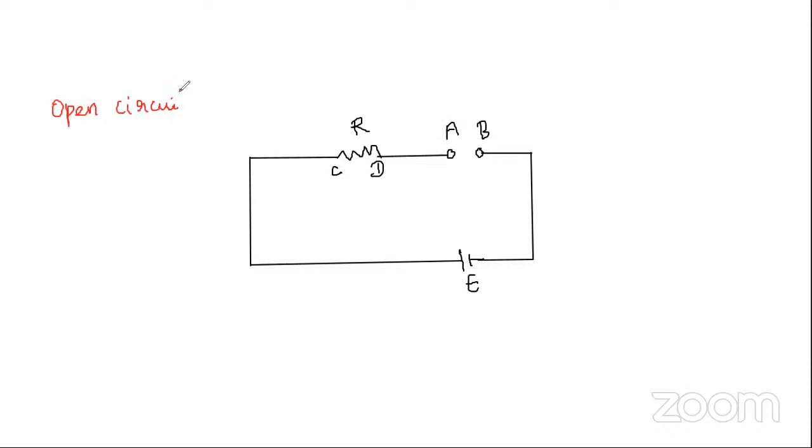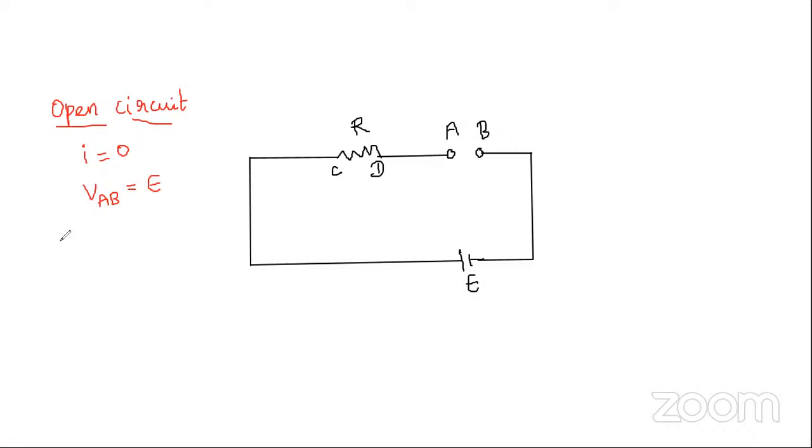So now what happens in case of open circuit? Your current is 0 and the potential difference across VAB is nothing but epsilon.